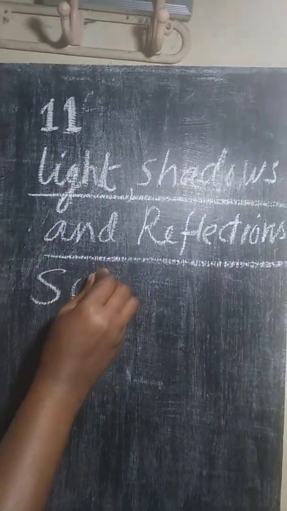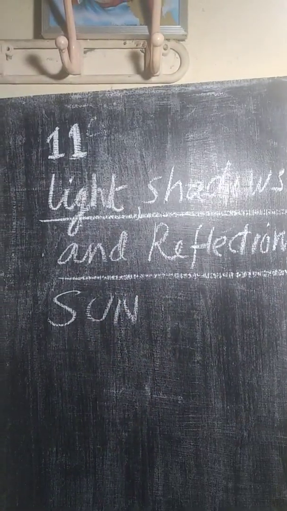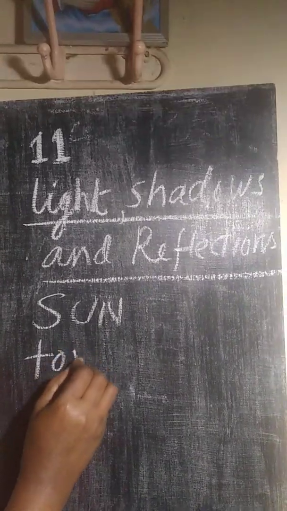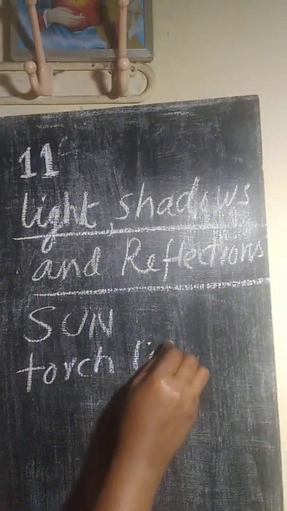Okay, so there are different objects around us, and some of them give out their own light, and some of the objects don't have their own light. For example, sun has its own light. Torchlight has its own light.